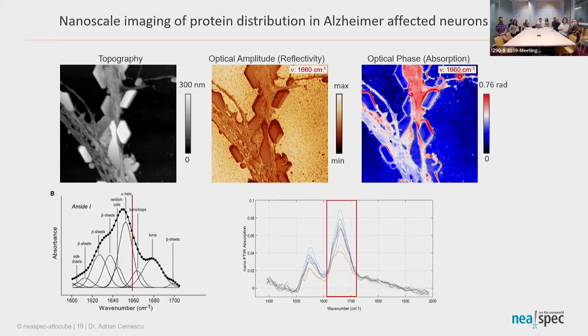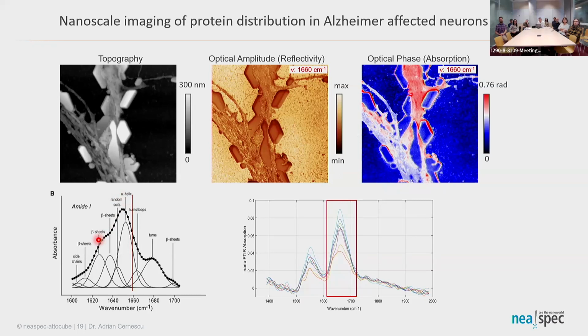Now, if you take spectra on different locations, you observe something like this. And we know that depending on the wavelength that you excite these proteins, you can map the alpha helical or beta sheet distributions.